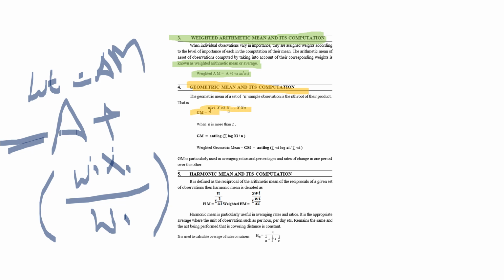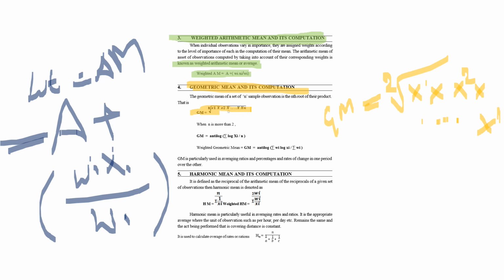For n observations, GM is equal to the nth root of x1 into x2 into and so on up to xn.